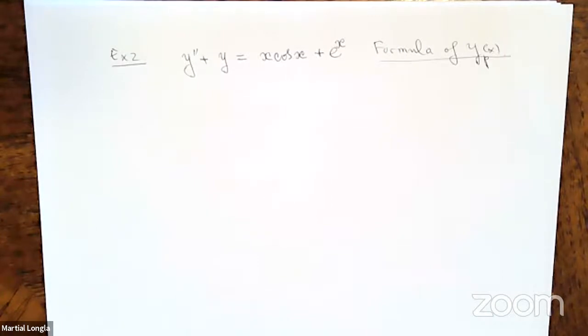Anyone ready to propose a solution? Do we have anyone ready with a solution? I'm not asking to solve for the constants, just asking to write a formula for YP.